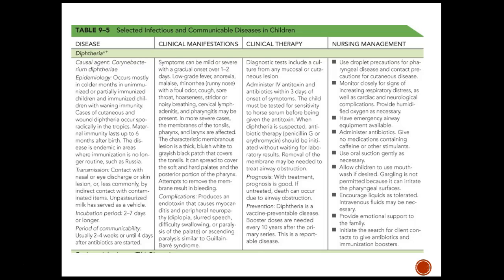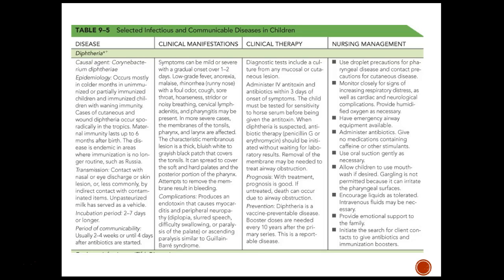Therapy-wise, when it's suspected, we start antibiotics, and those should be initiated immediately. And usually what we give is a PNG or an erythromycin, and those are your broad spectrums. This is a vaccine-preventable disease, but a booster is needed every 10 years after that primary series.